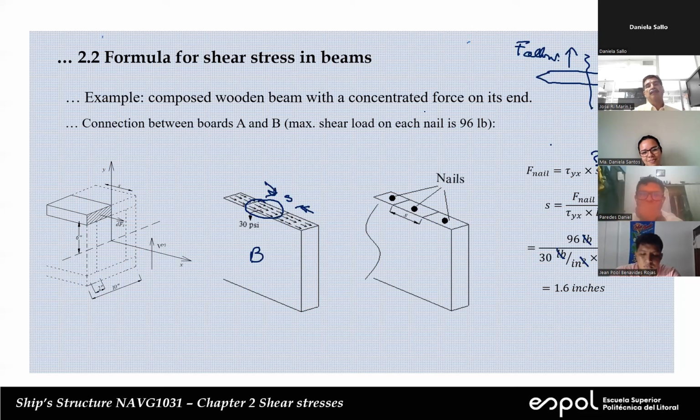For example, instead of 3 millimeters, you can use 4 millimeters in diameter. In that case, the allowable force, which is right now 96, will probably go up maybe 120 or something like that. And in that case, the spacing will increase. So you can use larger nails, but more separated, okay? So that's an option.